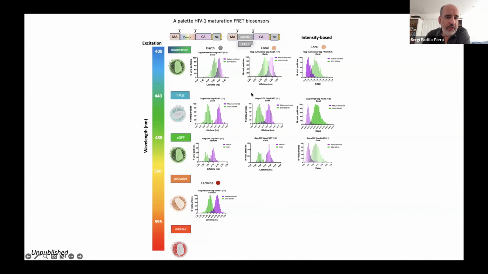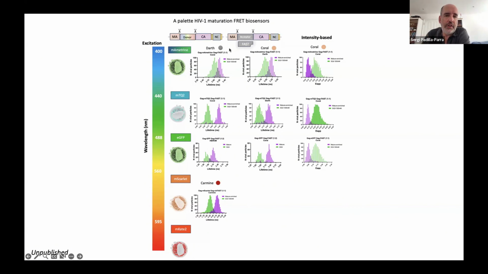As I mentioned before, we've done this with mTurquoise2. We've done it with GFP. We've done it also in the orange with different Scarlets, and in the far red and the red with mKate2. And we've not only done this in the context of lifetime imaging, but also with FRET intensity-based approaches, especially, of course, not using dark acceptors but bright acceptors, the small fluorogens.